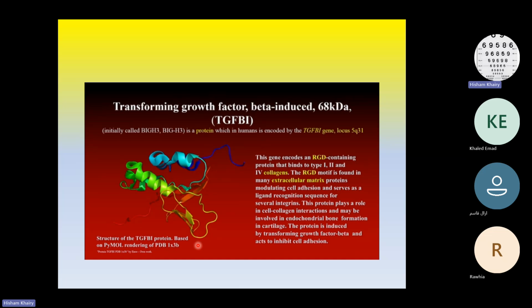And maybe in other parts of the body also. So here is the normal TGF beta 1 structure.